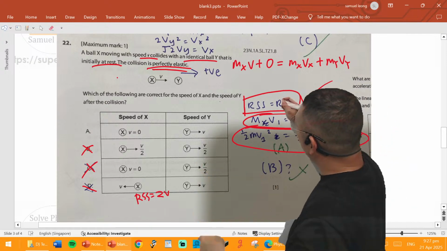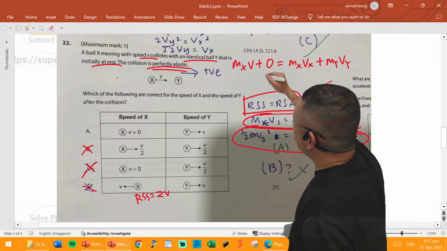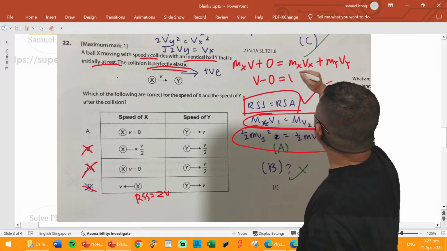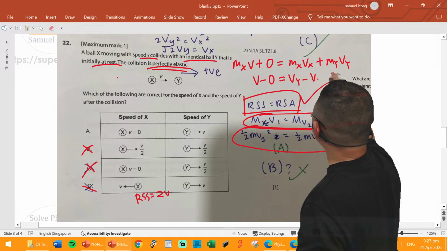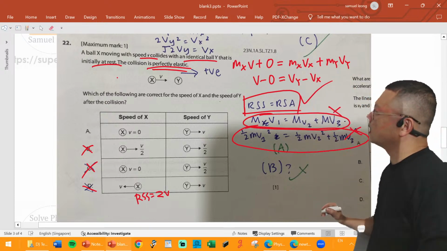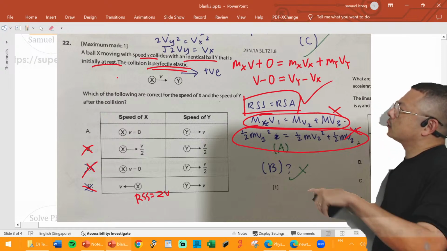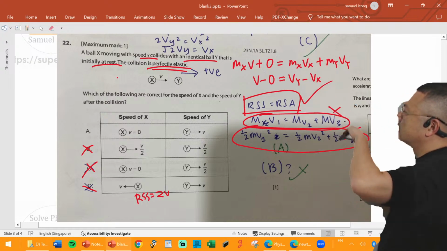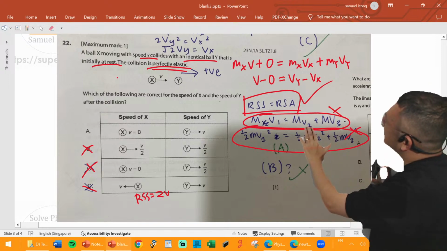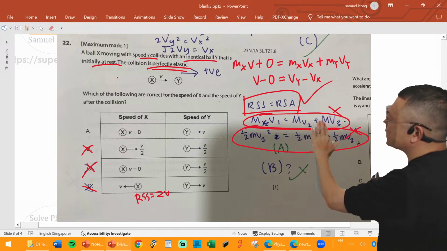But I do know that v minus 0 equals v_y minus v_x. So these are the two equations. No, sorry, this one's right. I'm so sorry about it.